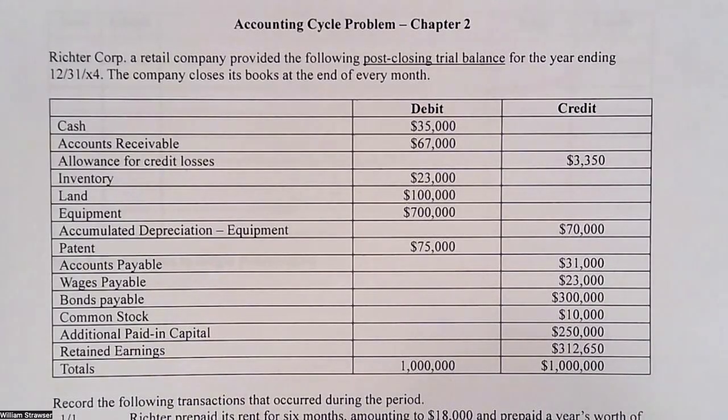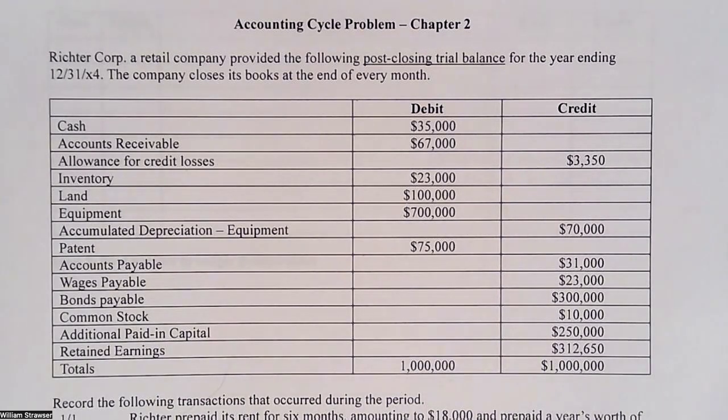Some companies will do monthly accounting periods where they roll through all 8 steps of the accounting cycle every month. Some of them will do it every 3 months, which is a quarterly accounting period. And some companies will do an annual adjustment. So they won't do the accounting cycle until a full year has passed.